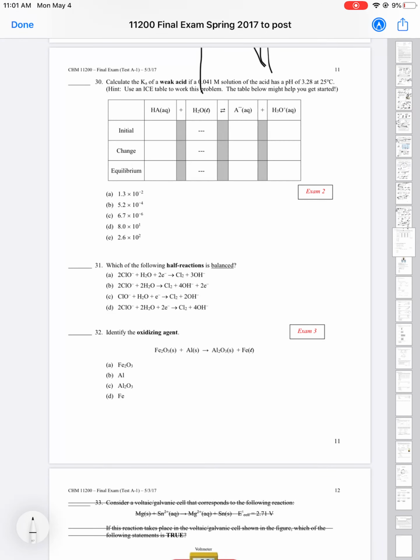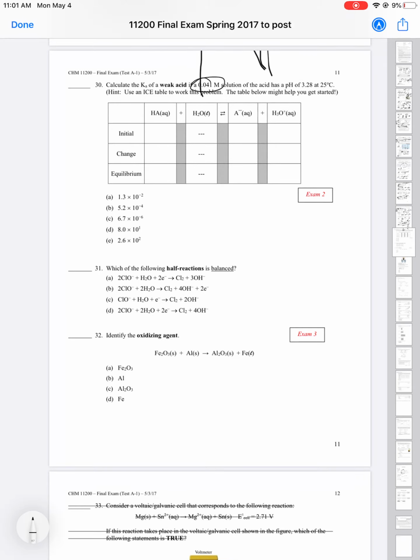Calculate the Ka of a weak acid. We can use an ice table. Okay, so the initial concentration is 0.041 molar. And remember, if we're not given the conjugate base and H3O plus, we assume it's 0. So the change, we don't know the change, so we're just going to call it X, right?